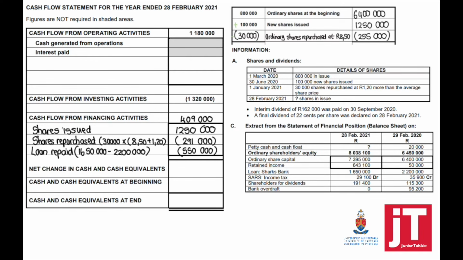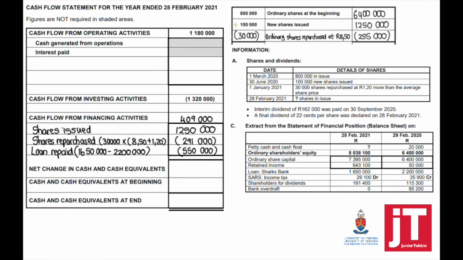Dividends paid consist out of that which was declared or recommended at the end of last year, plus the interim dividends. So if we look at what was recommended at the end of last year, you need to go to the extract from the statement of financial position. Shareholders for dividends at the end of last year, 115,300 was declared.